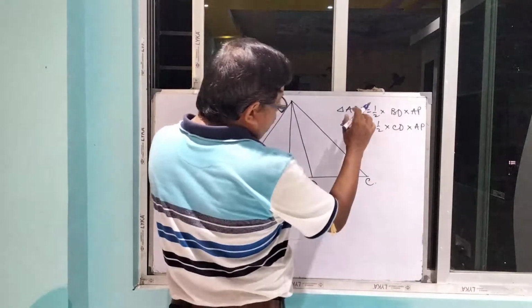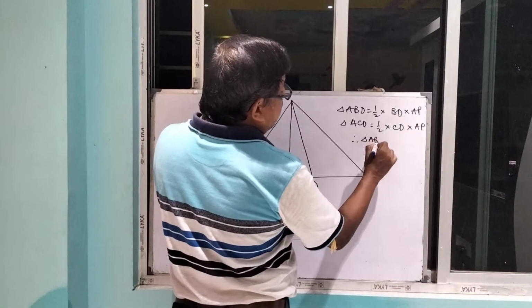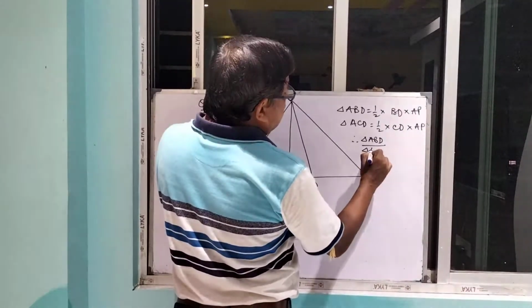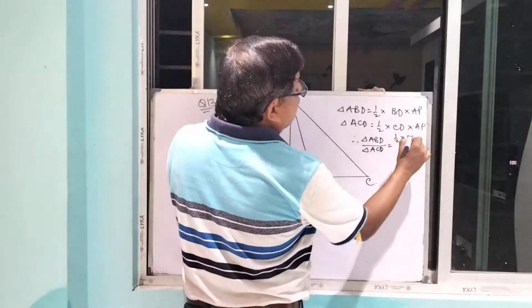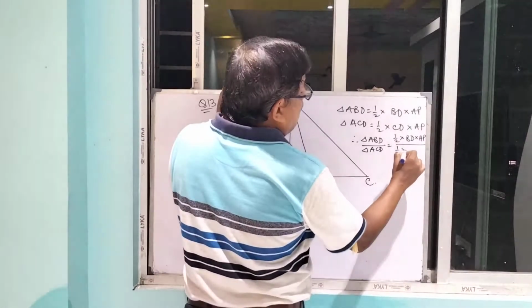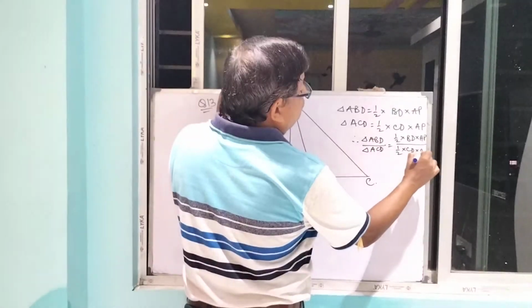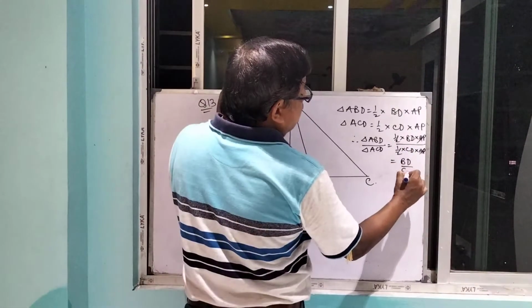You divide these two triangles. Write ABD by ACD equals half BD into AP by half CD into AP. AP cancels, half cancels, and there is BD by CD.